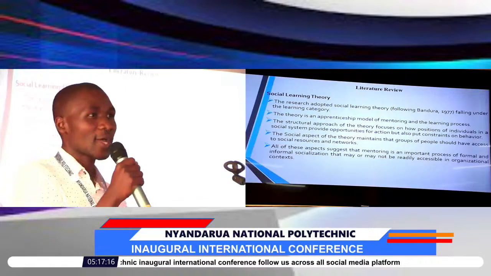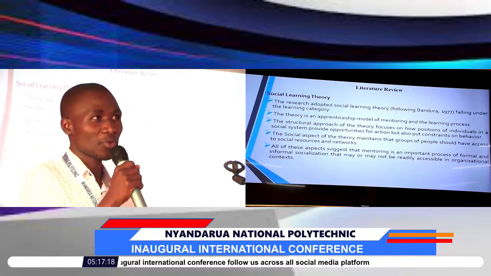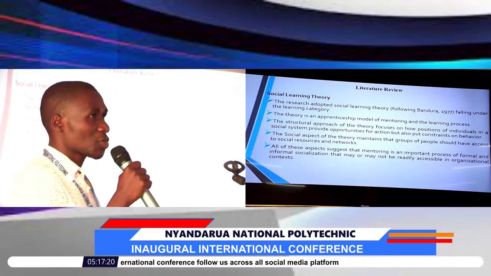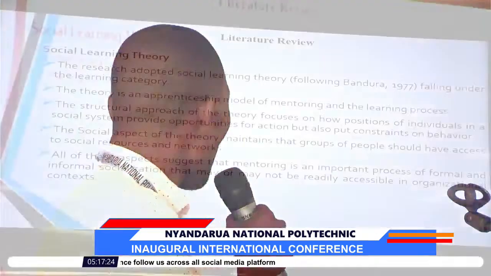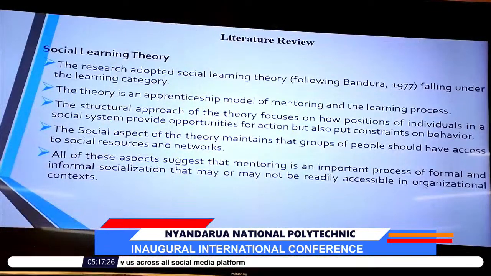From there, I did some literature review. I started with a theoretical review. I adopted the social learning theory, which falls under the learning category. Mentorship is related to learning, and the theory is related to apprenticeship.